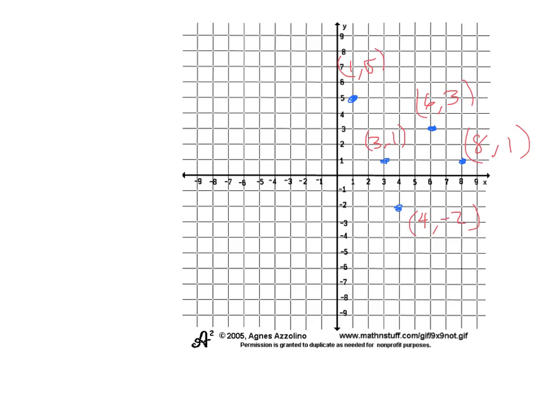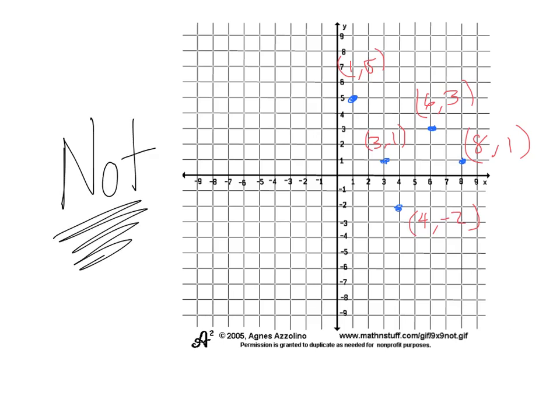Now, what would not be a function? What's not a function in this case? If we came in and we represented this point here. Notice it's the point 4, 0. So we have to be careful because we have 2 points that have 4 as an input. Notice here, this point is 4, -2. This point is 4, 0.